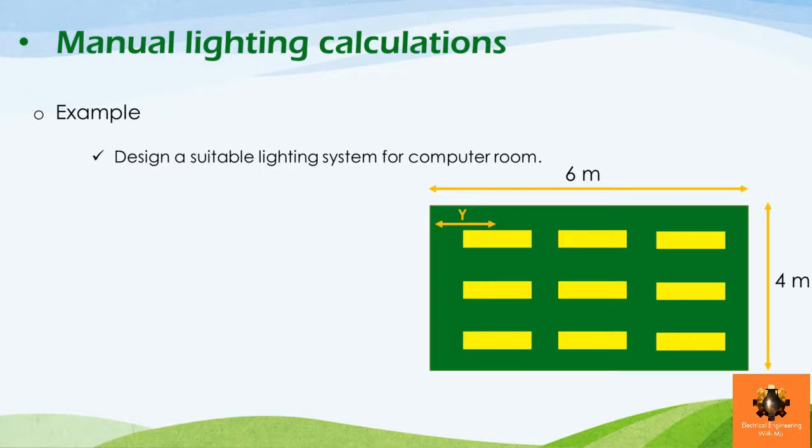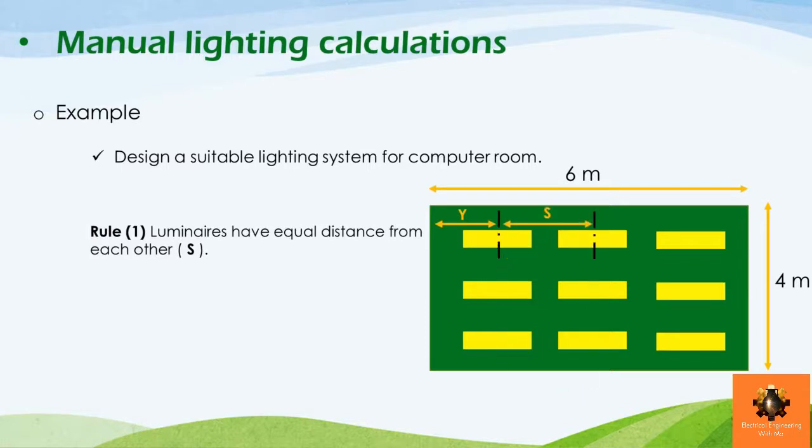The first rule says that we have equal distance between each 2 luminaires, so the distance between each 2 adjacent luminaires is the same. For example, if the distance between the first luminaire and the second one is s, in that case the distance between the second luminaire and the third one will be s also. So that's the first rule.